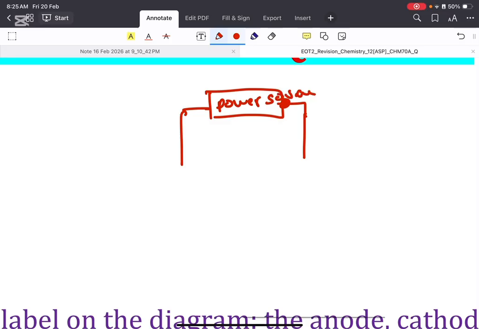Now for the galvanic cell you will see a voltmeter. Okay, so that's the difference.